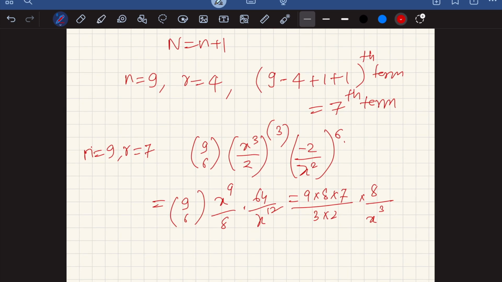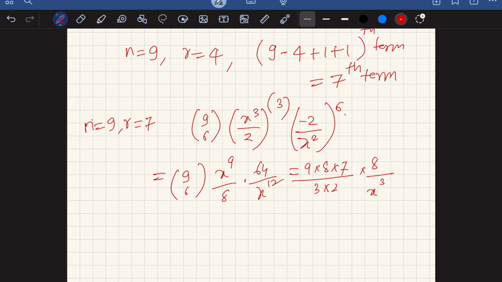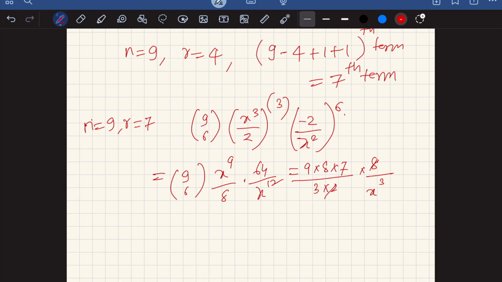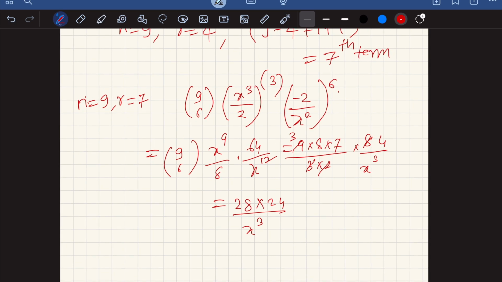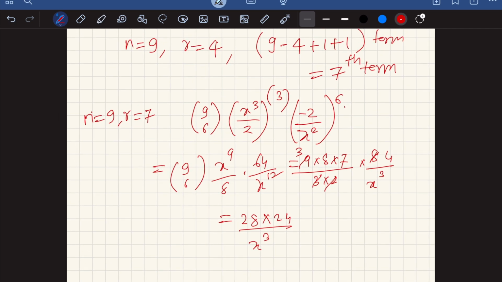Okay, good. So I'll just expand this so that you can match your answers. It says n choose x cubed by 8 times 64 by x to the 12. So yeah, I'll leave it there.